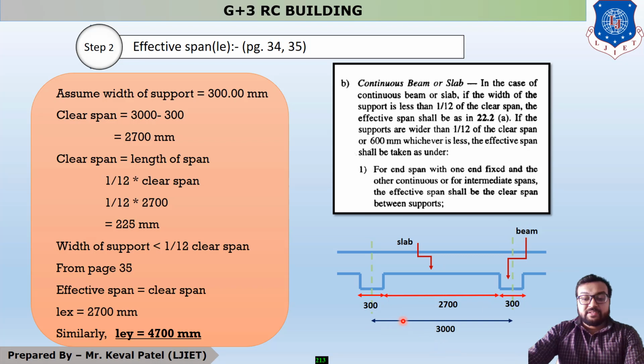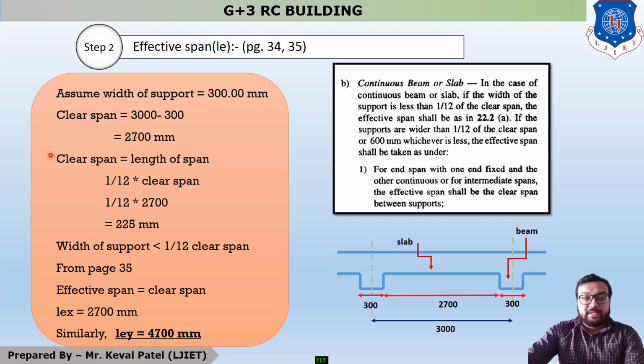You can see that 3 meter is equal to 3000 mm, and your slab is resting on a beam whose width is 300 mm. If you have to find the clear span, which is the inside to inside distance, then you have to deduct half the value of width from both sides. That means half plus half, so you deduct one full value of width of support from the center to center distance.